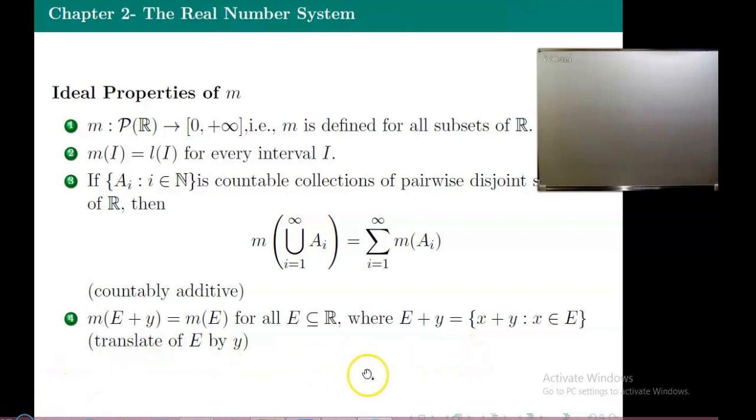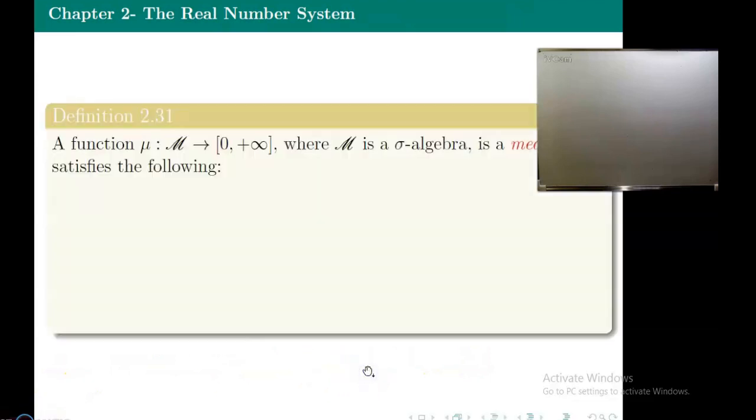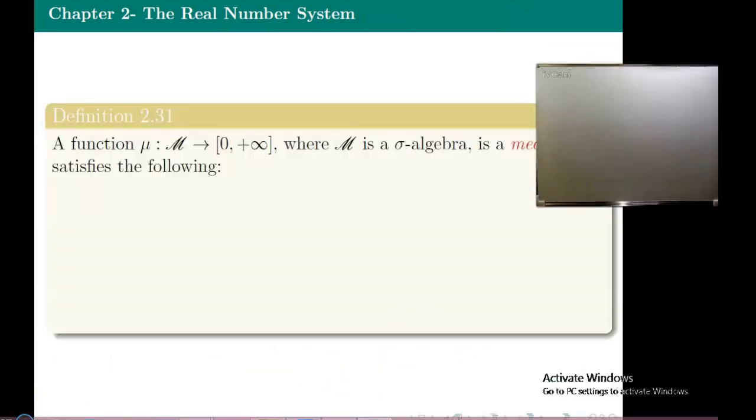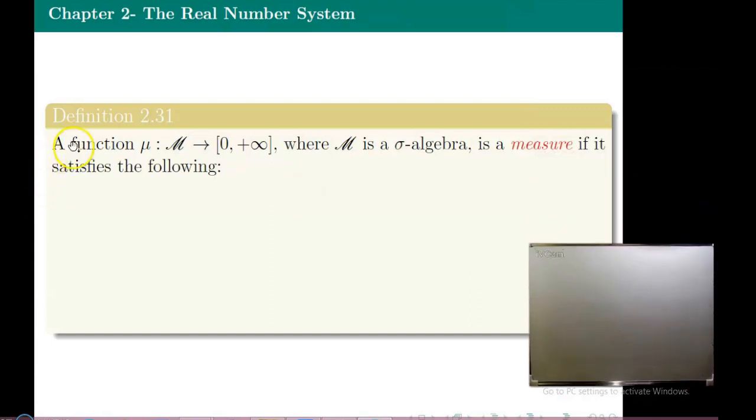So let's have here the first definition for function. So a function mu, where the domain is sigma algebra script m to this from 0 to positive infinity. This is a measure if it satisfies the following.